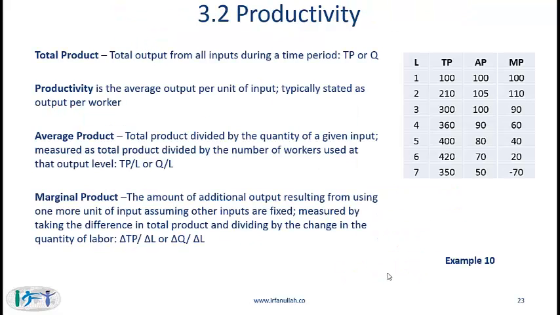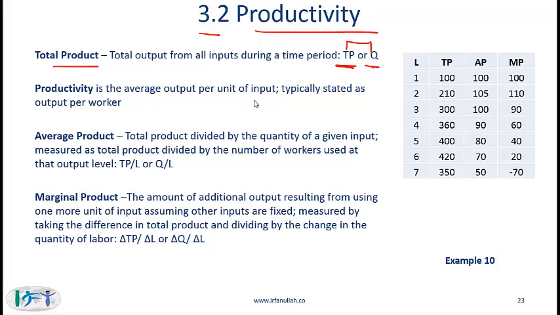Section 3.2 deals with productivity. Let's understand a few terms first. The total product refers to the total output from all inputs during a period of time. You will see the symbols TP for total product or Q, and these are used interchangeably. Productivity is the average output per unit of input.